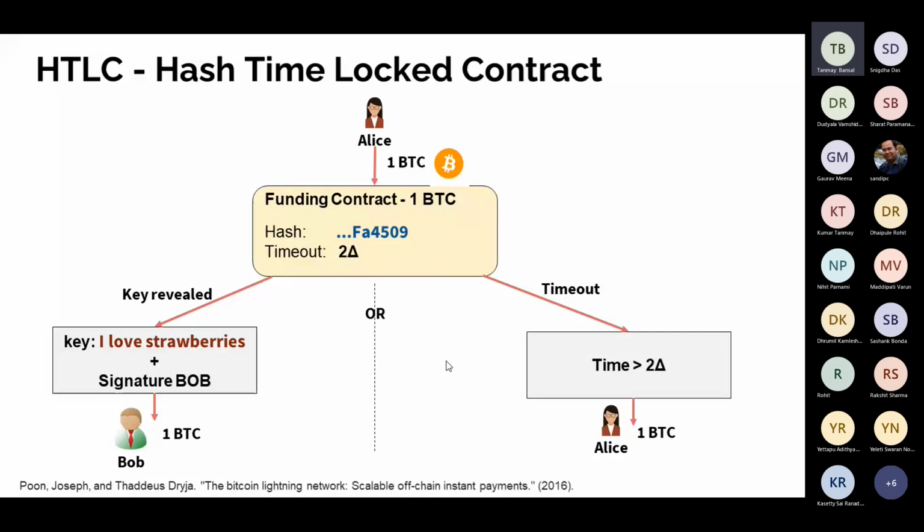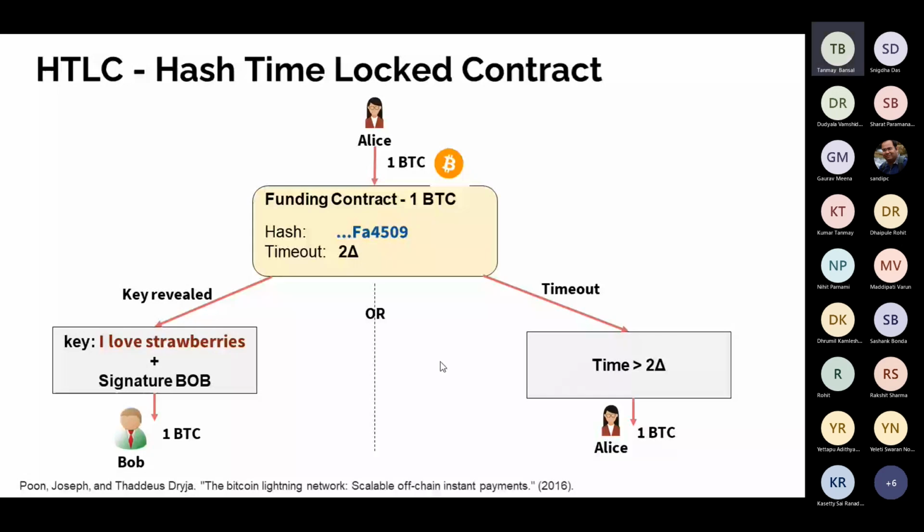A quick recap. We are going to see the use of these hash time locked contracts. When the contract is created, it comes with a hash corresponding to a key value, and once this key is revealed, whoever was supposed to claim this amount can do so.